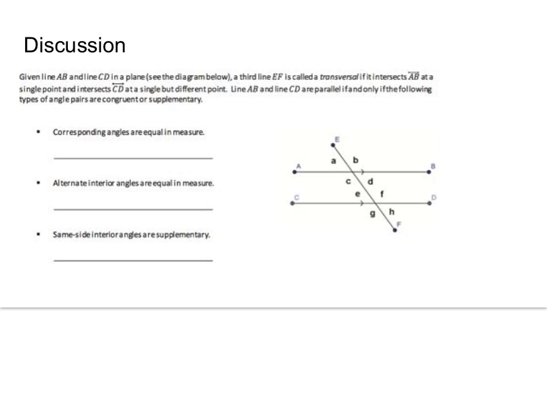So let's do the congruent ones. The first says corresponding angles are equal in measure. Corresponding angles are going to be like A and E because they're in the corresponding positions. I have above the parallel line to the left of the transversal, above the parallel line to the left of the transversal.